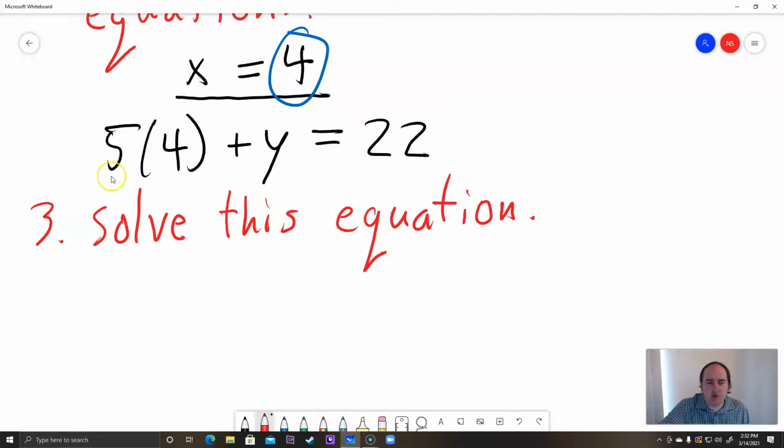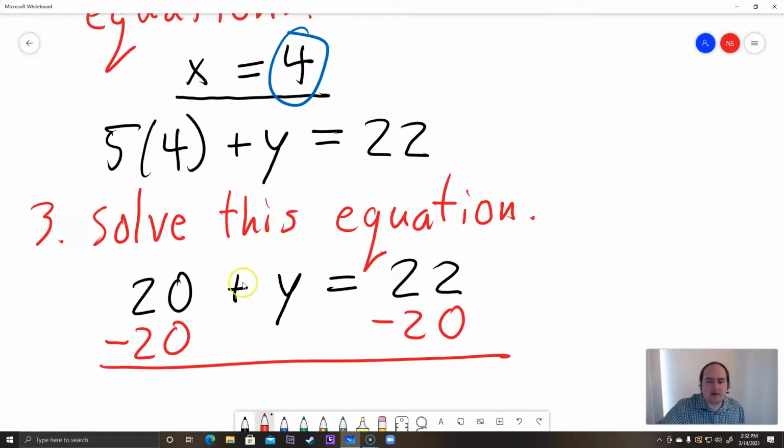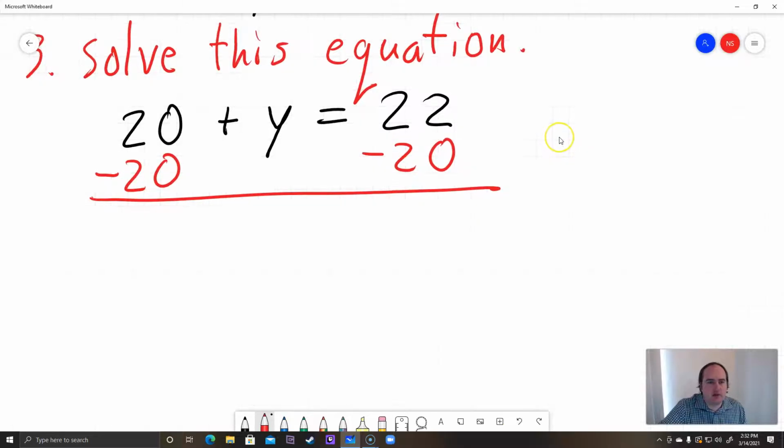Well, 5 times 4 is 20, so we have 20 plus y equals 22. To finish isolating y, we need to get rid of the 20 on the left side, so we subtract 20 from both sides. On the left side, we just have y, which is what we want, and on the right side, 22 minus 20 is 2. So we get y equals 2.